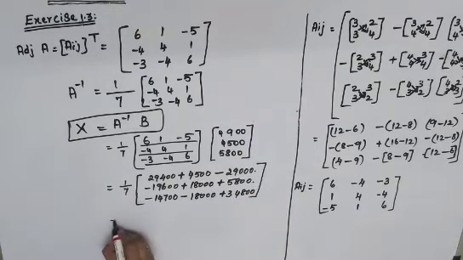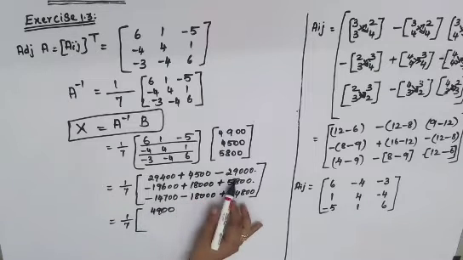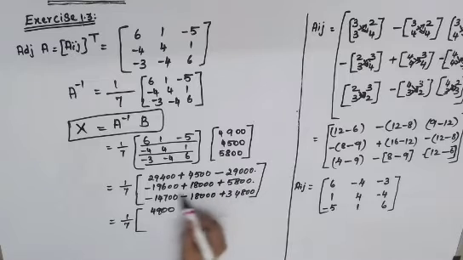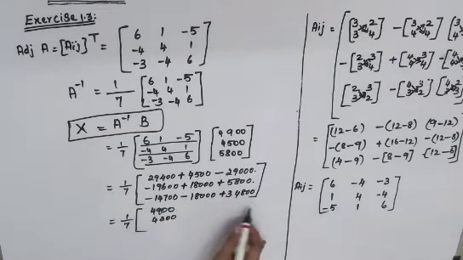So now solving 1 by 7, just solve as it is, you will get your 4,900. Add these two numbers and subtract it, you will get your answer. Then again these two numbers added and subtracted from 19,600, you will get your answer as 4,200. Then the last row solving, you will get 2,100.